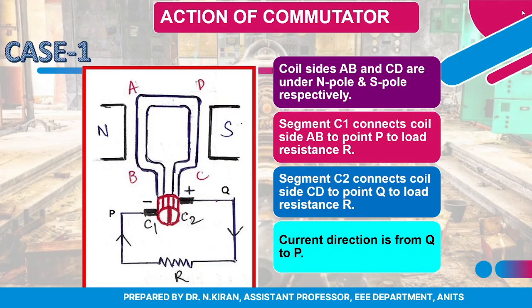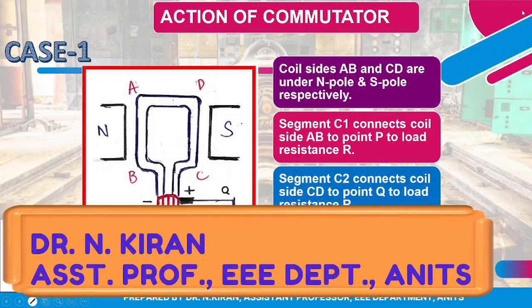So here, to be precise, what we have seen now is that he has considered the simple loop generator as we have seen previously.